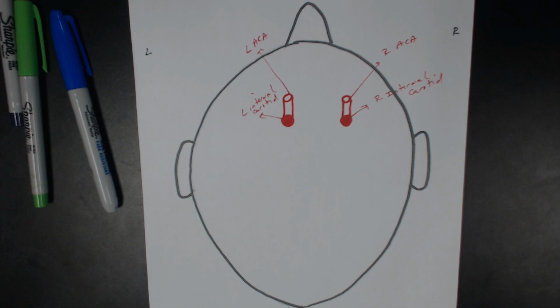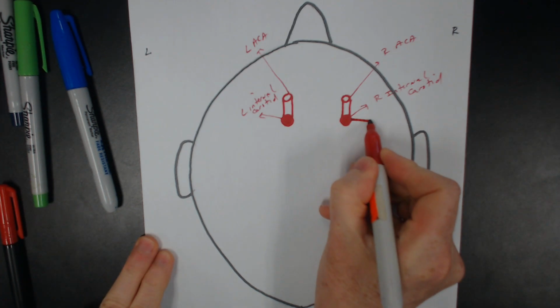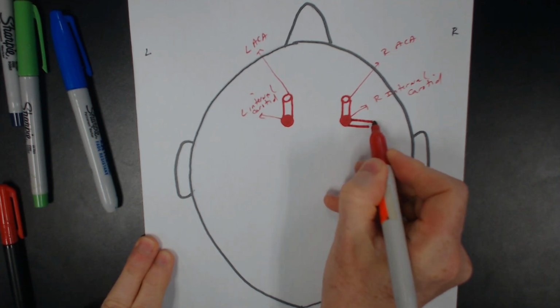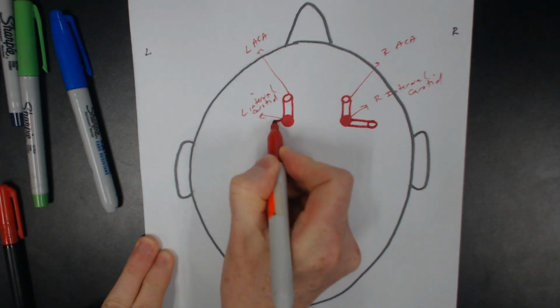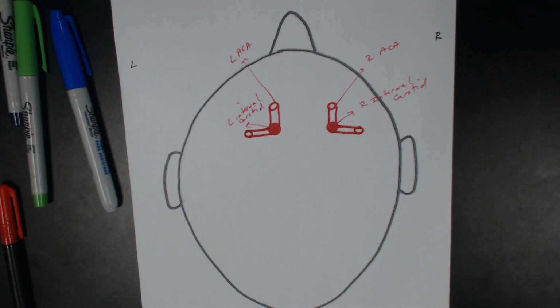Okay, everybody see where we are? We also have, coming off at about the level of the eye, two other major arteries, one on each side, coming out toward the ear. Which ones are those?